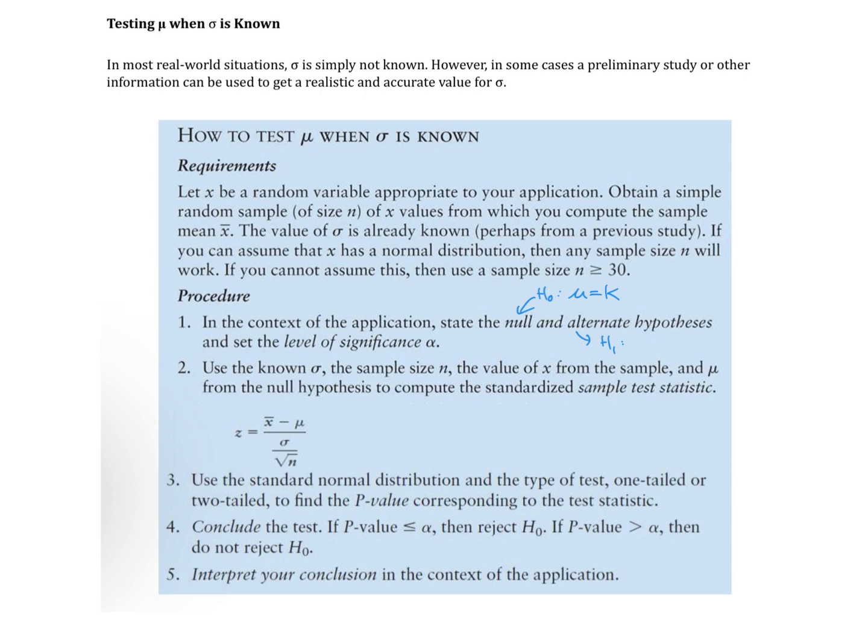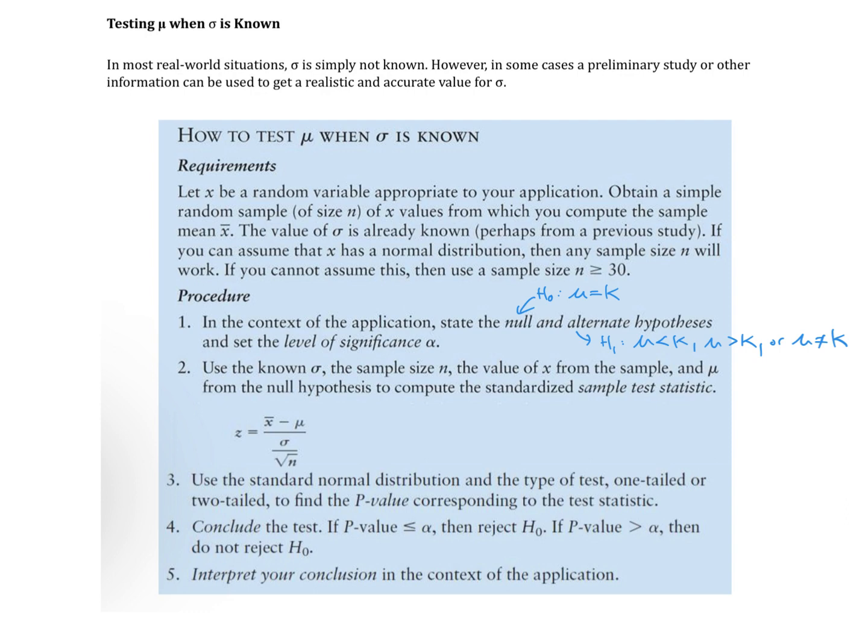And that's either going to be mu is less than K, mu is greater than K, or mu is simply not equal to K. So the null hypothesis is some existing mean that you want to challenge, and the alternate hypothesis is how you think the mean has changed. You think it's greater than it was before, you think it's less, or you think it's not equal.